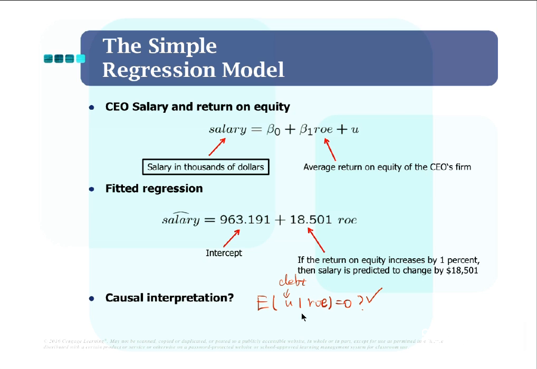If that's the case, then this assumption holds, and if it holds, we can see that this beta 1, this 18.5 that we estimated from data, is a causal effect of ROE on salary. This is the example of CEO salary and return on equity.